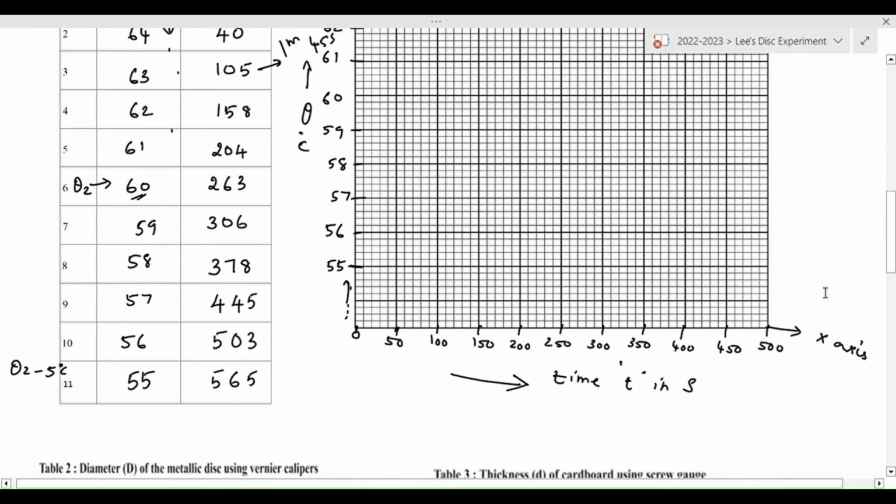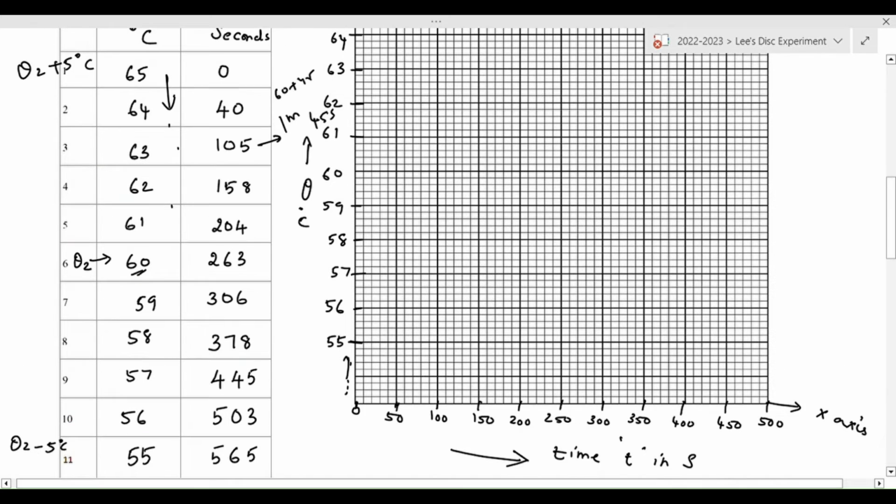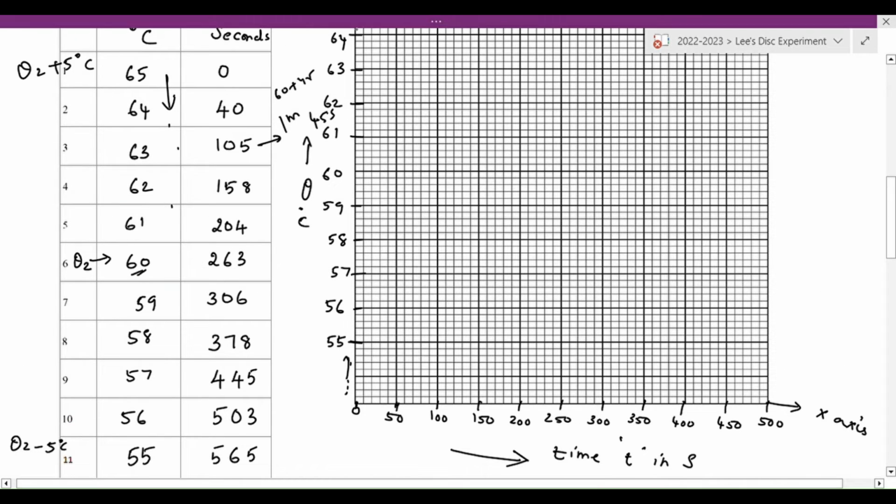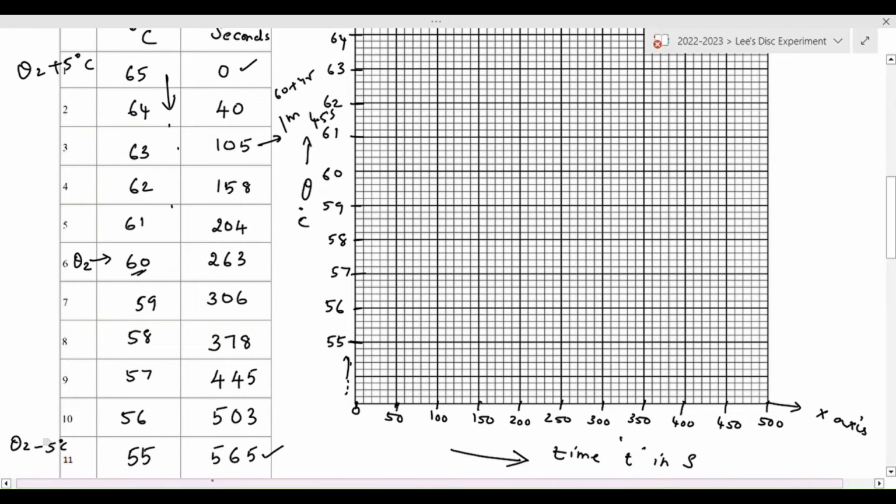Along the x-axis the time is taken. 0 second is the minimum time taken, and 565 is the maximum. Similarly along the y-axis, the minimum is 55 and the maximum is 65. So every 1 degree is noted along the y-axis.